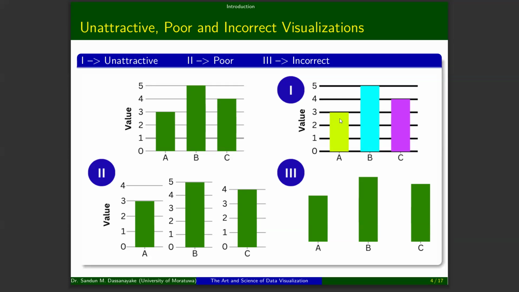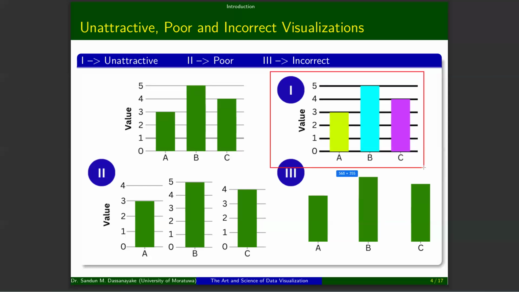Now, if you look at number one here, it has some unattractive features. The visualization is not wrong. It is not wrong because you have proper labels for your bars, A, B, C, and also the bar heights are properly given.